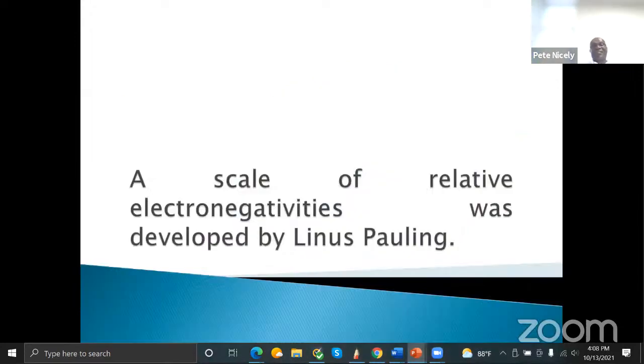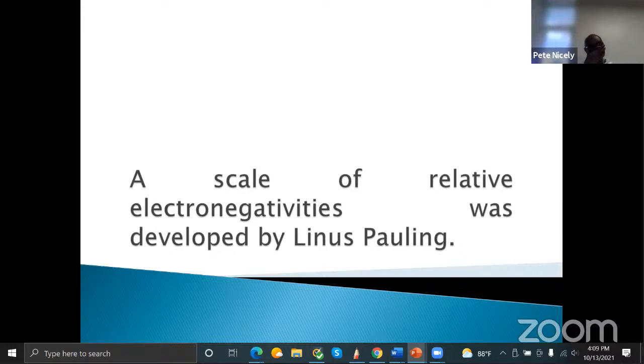Now, this guy, Linus Pauling, he came up with a scale, and if I remember correctly, this was based on thermodynamic data. He developed a scale of relative electronegativities for all the atoms that are represented in the periodic table.